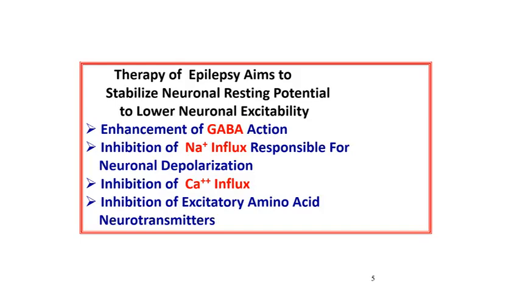Sometimes adjunctive therapy can include inhibition of the excitatory amino acid neurotransmitters. So we have many strategies to treat epilepsy, either to interfere with GABA, sodium or calcium influx, or even the other excitatory amino acid neurotransmitters.